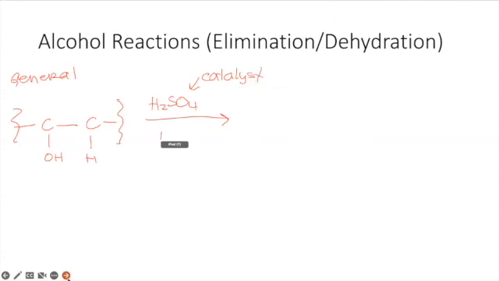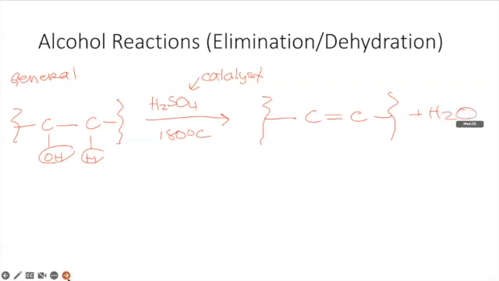And you do need it to be at 180 degrees Celsius. When you're under those conditions, the carbons that retained an OH and an H will then eliminate these guys, produce water as a byproduct, and create a double bond. So kind of the opposite of what we were just learning with alkenes.